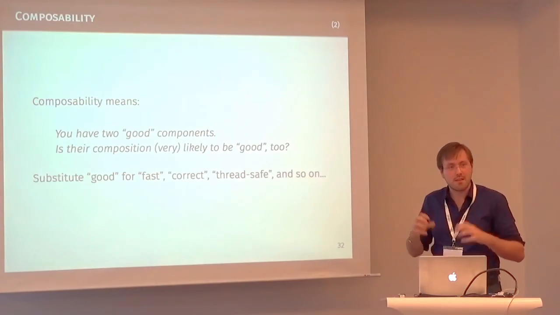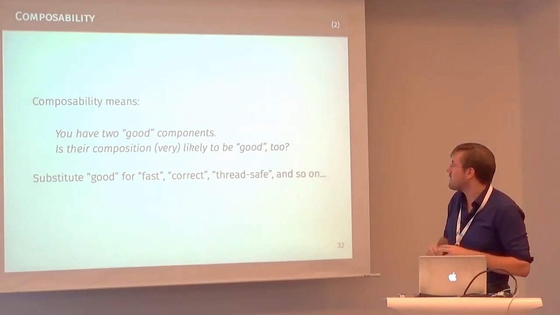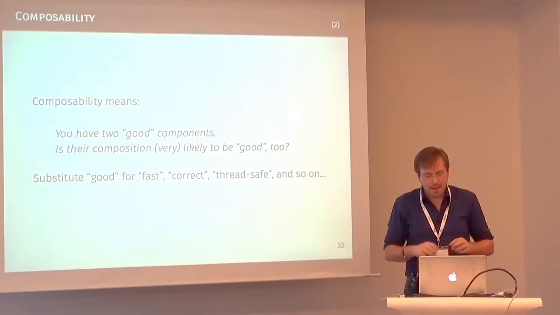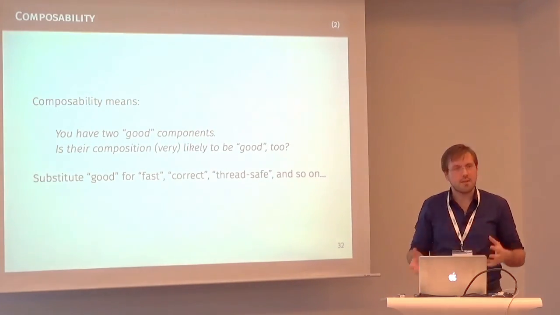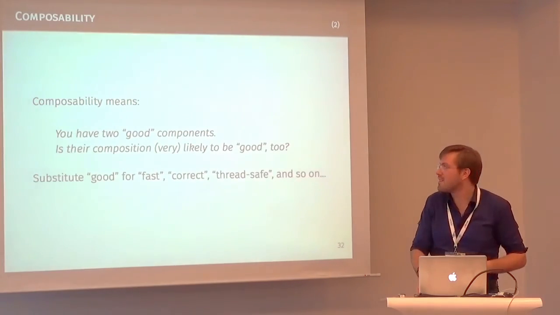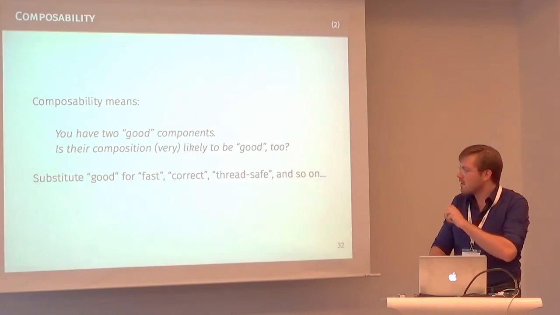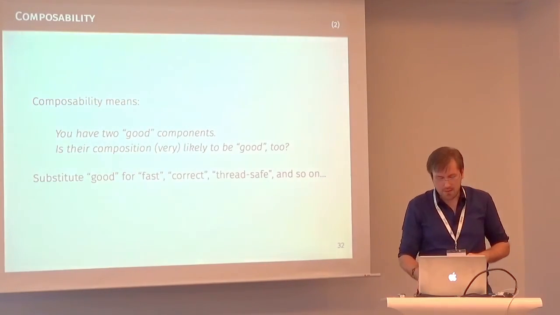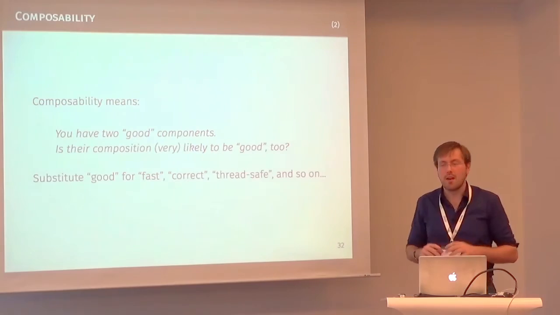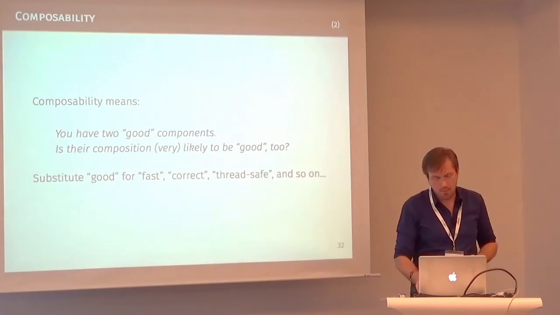It's still fast? It's still thread safe? It's still correct? Okay. If the answer is yes, you have two composable components. So we are looking to write C++ code in this way, to have composable components.